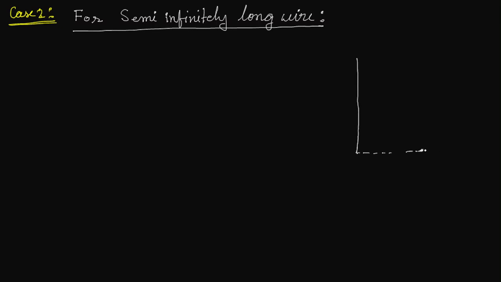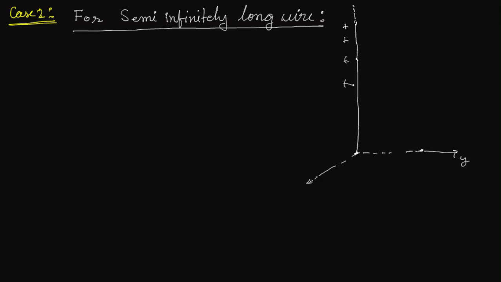So we want to calculate at this point; this is the x-axis, this is the y-axis, and this is the z-axis. Now on the z-axis, the wire goes up to infinity. It starts from the origin and goes up to infinity, z tends to plus infinity.